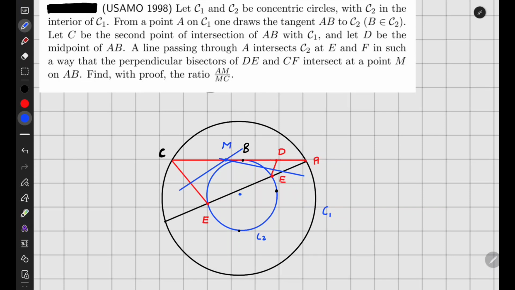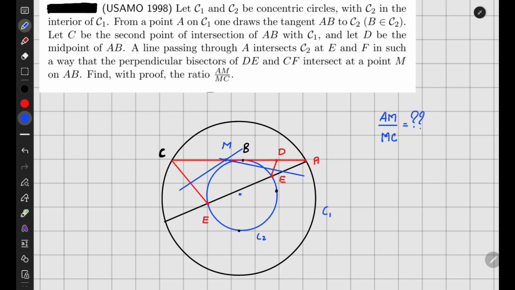What they are saying is: find AM over MC. So we will be looking for this.